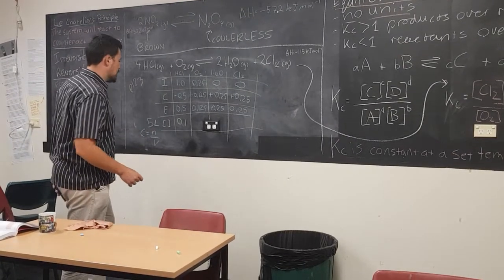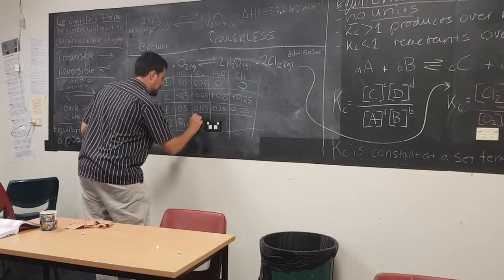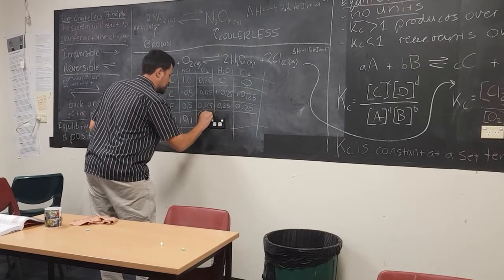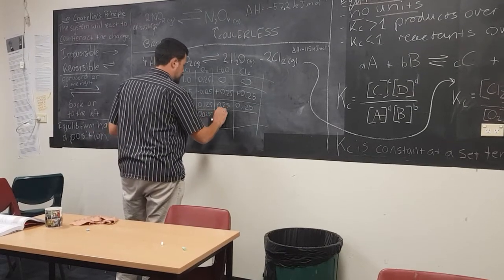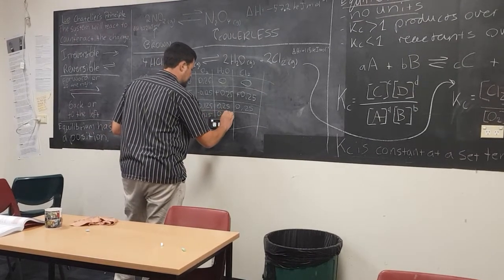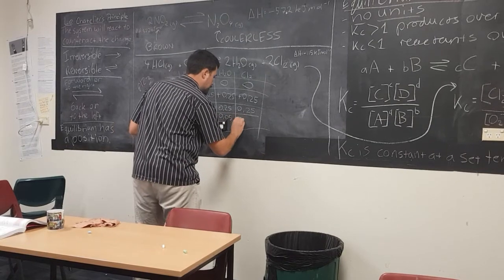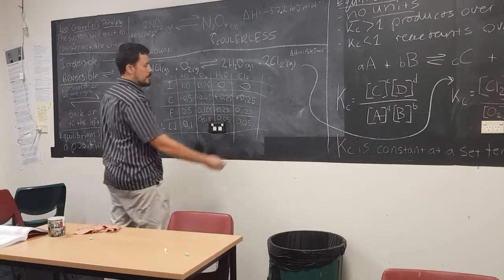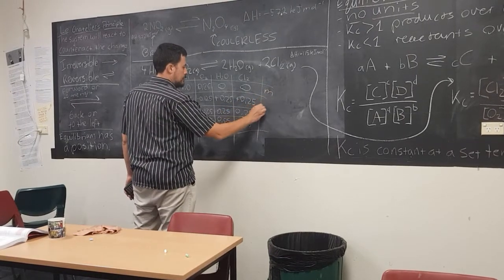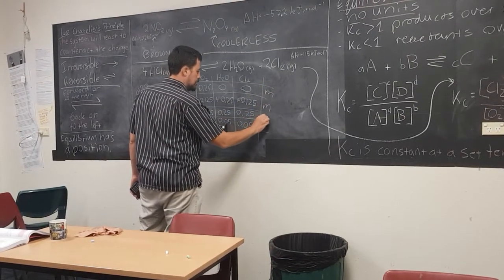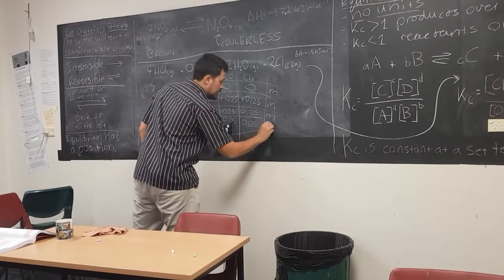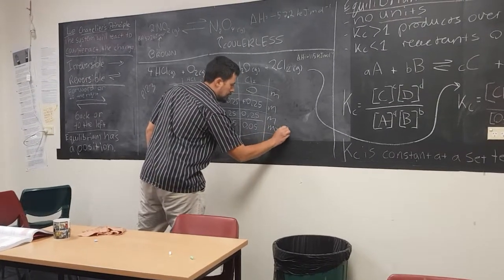And 0.05. Now remember that the figures here are in moles, but now that we've used volume, this is going to be in moles per litre.